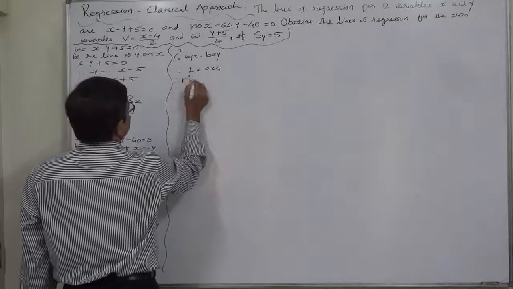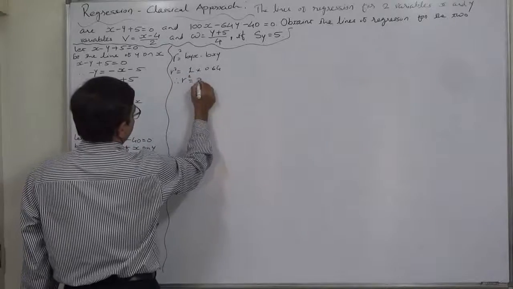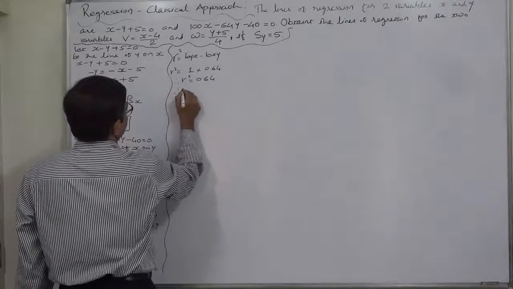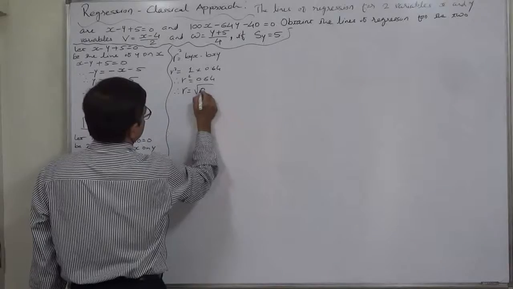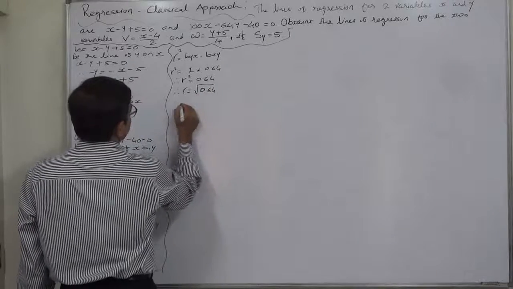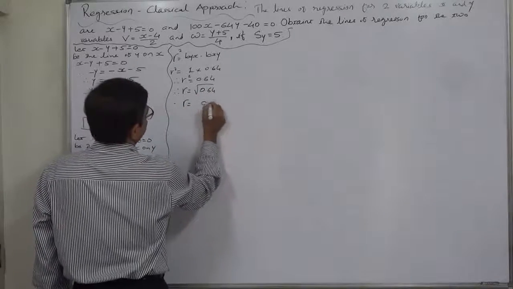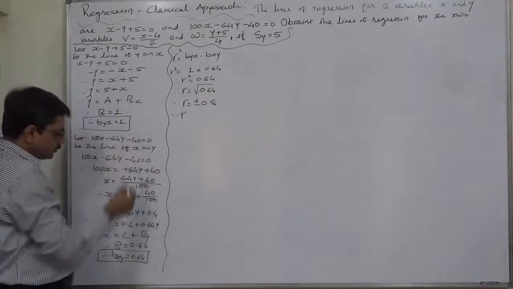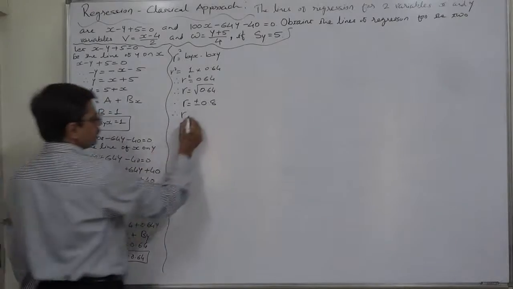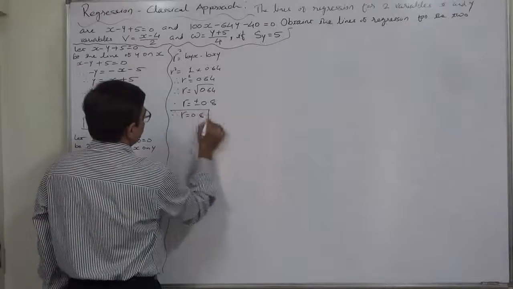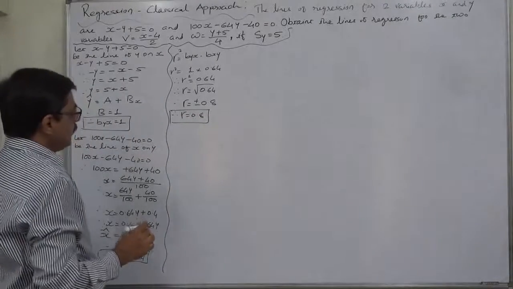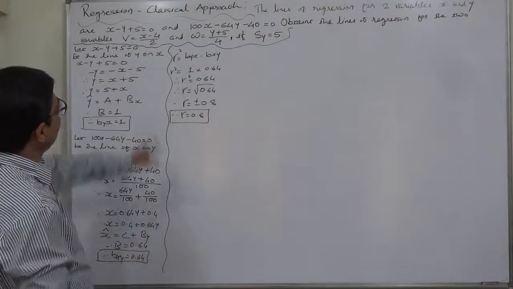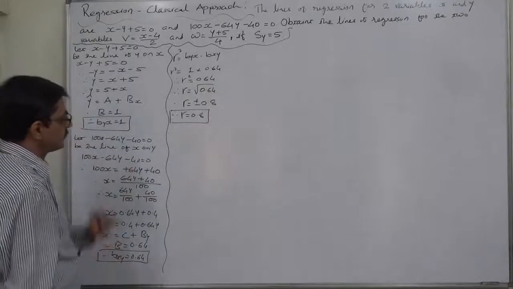So, the squared value of coefficient of correlation is 0.64. So, coefficient of correlation is square root of 0.64. It is 0.8. Positive or negative can be, but it must be positive because the coefficients of regression are positive. So, it is 0.8.